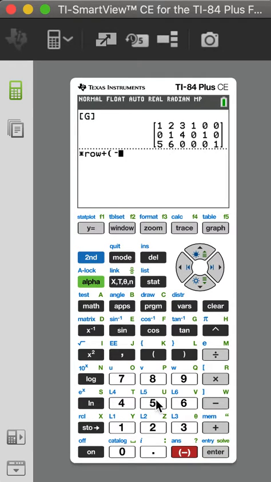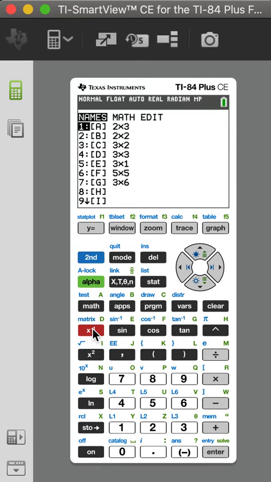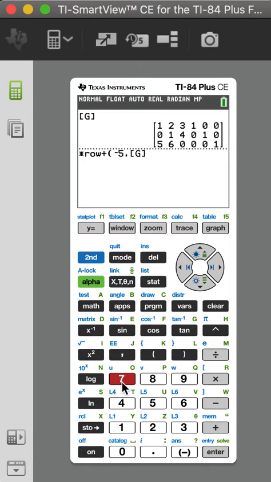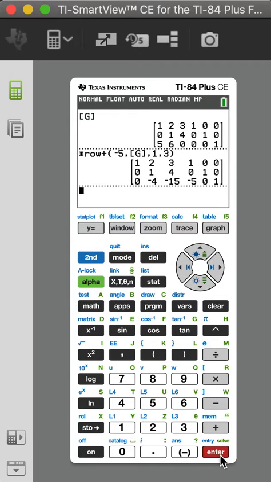I don't remember, let's see, -5, comma, I think then our matrix, G, and we're multiplying row 1, column 1, we're combining it with our third. Let's see if that gives us what we wanted. Perfect.